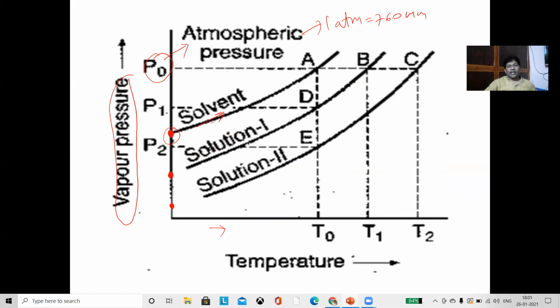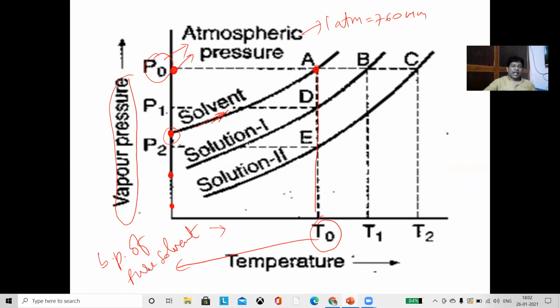The solvent vapor pressure becomes equal to atmospheric pressure at one particular temperature, T0. T0 is the boiling point of pure solvent.